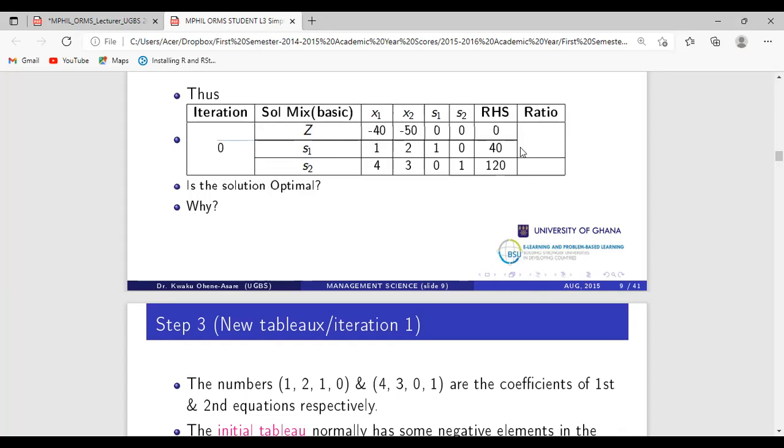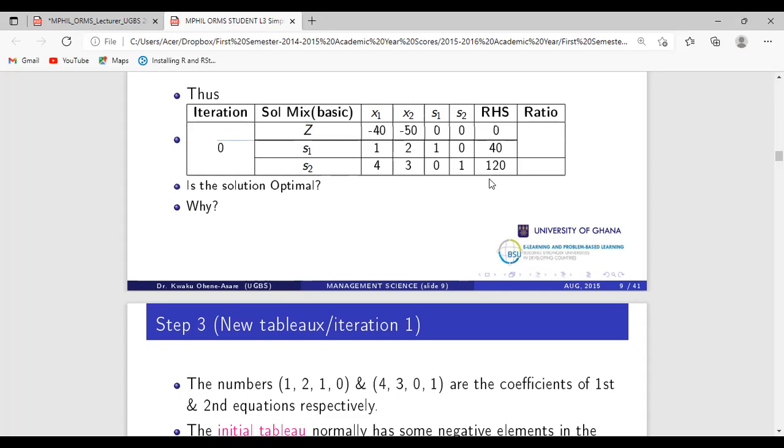But one thing that will help you know that you have reached optimality, and that the values under this right-hand side are the optimal solution, is when the Z value row has non-negative values. So here we see that there are negative values, and so we know that this initial tableau has not given us our optimal solution. So we are moving on to the next tableau.